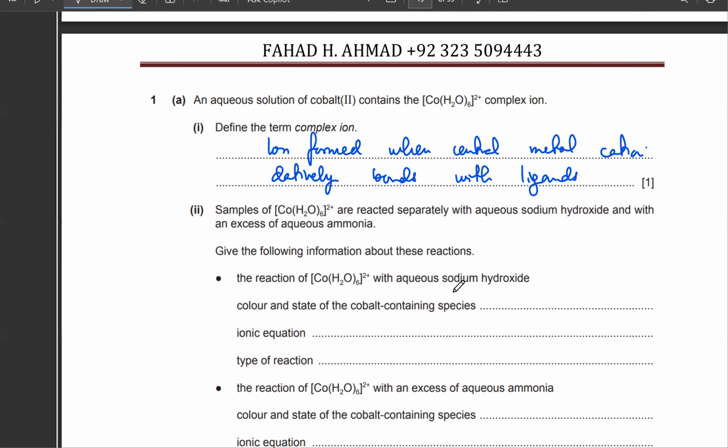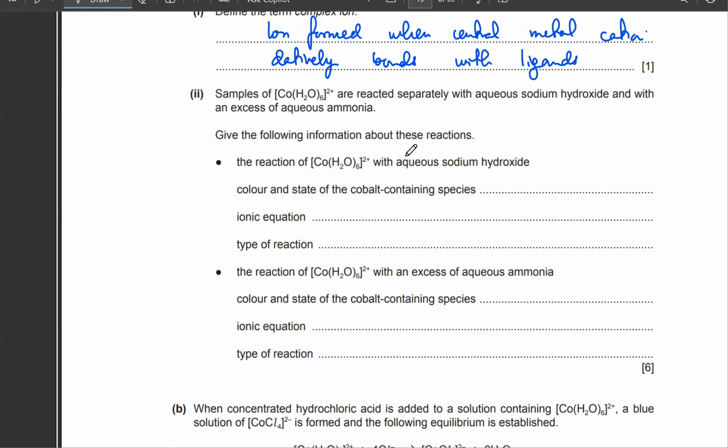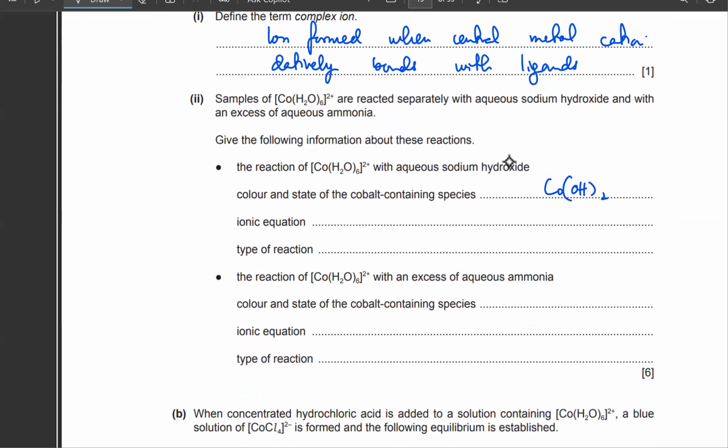So this one we've done: what happens when copper reacts with NaOH. So this is cobalt, so it's going to form cobalt hydroxide. Copper and cobalt will have exactly the same reaction. You can write the ionic equation for this, and the type of reaction, that's precipitation. It's cobalt H2O6 that is pink colored.